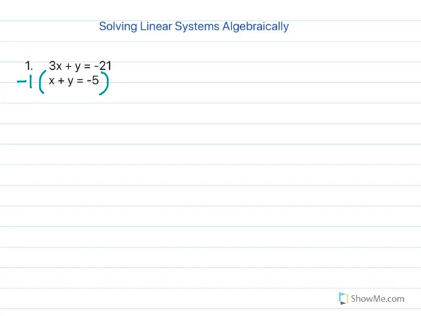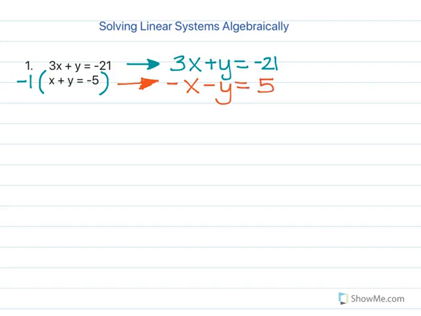So the top equation I'm not going to change. That's going to stay the same. So that's going to stay as 3x plus y equals negative 21. The bottom equation, though, that's going to change to, when I multiply every single term by negative 1, it makes that a negative x, a negative y, and a positive 5.